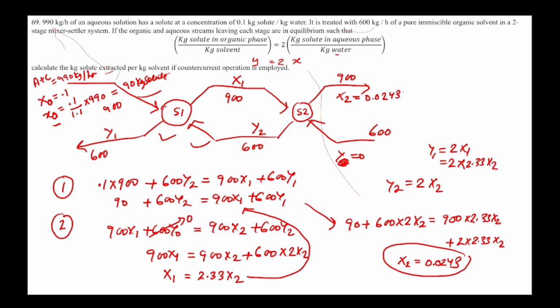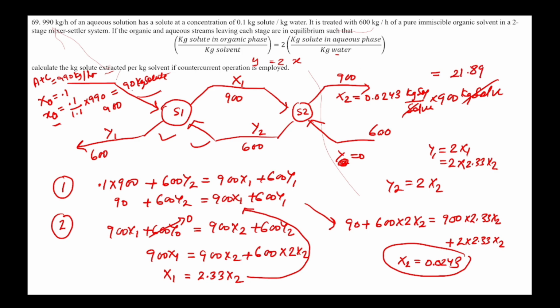This x2 is 0.0243 kg solute per kg solvent. If you multiply by 900 kg solvent, the solvent cancels out and you get the value of solute, which is equal to 21.89.